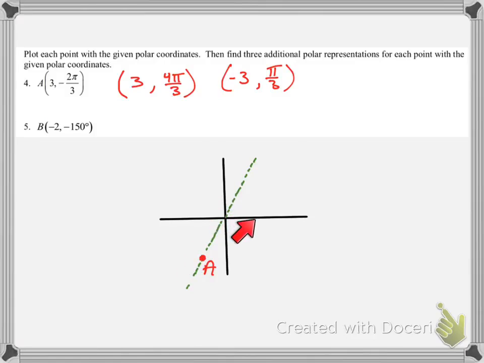Now, we did a negative rotation to here, and we did the positive rotation to here. We can also use the same kind of rotations on this line. We could call this a rotation of 5 pi over 3 and the radius being negative 3.